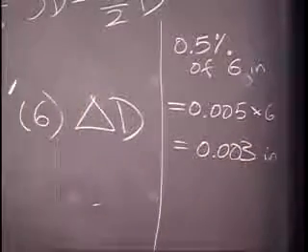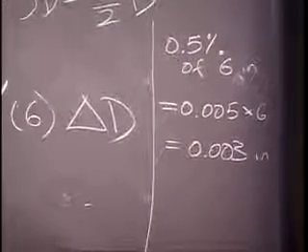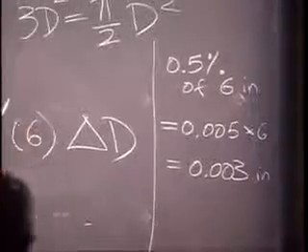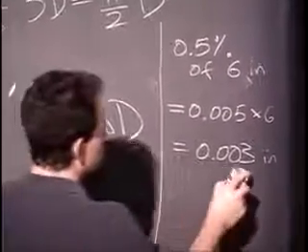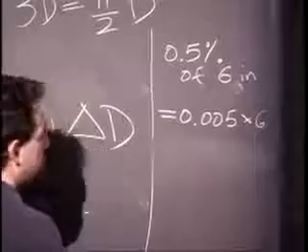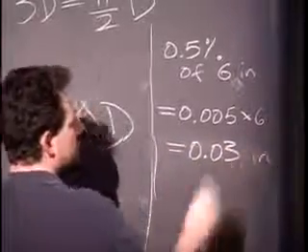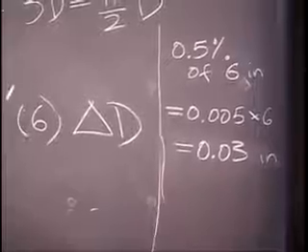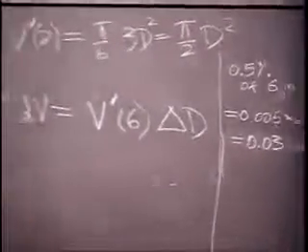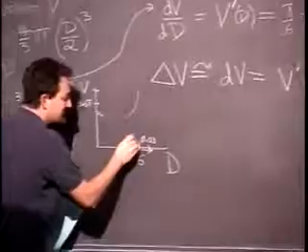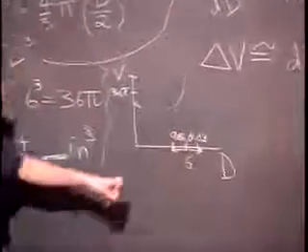So in absolute terms, I've measured, is that correct? 0.003, it's not 0.003, it's 0.03. I was out by a 0. Right, so I've measured it to 6 plus or minus 0.03 on either side.